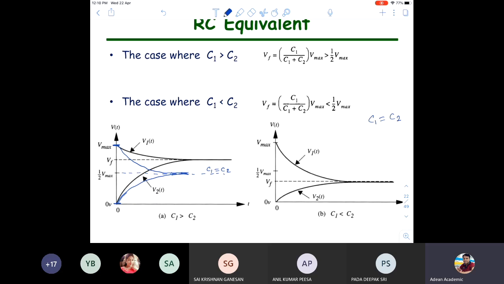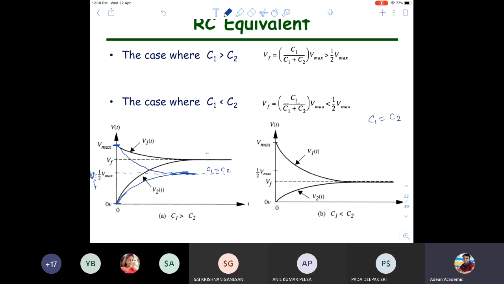So V1 decreases from Vmax to half Vmax. So your final voltage Vf will be half Vmax when both capacitors are the same. V1 is decreasing and V2 is increasing, and both will reach a common value Vf at Vmax by 2, the midpoint, when C1 is equal to C2.